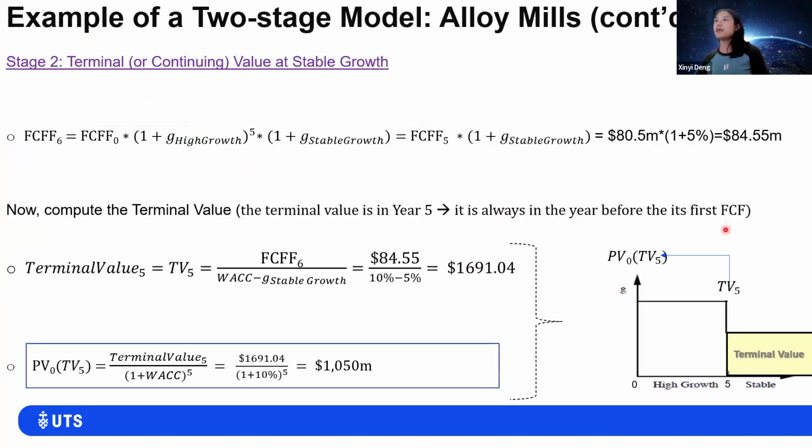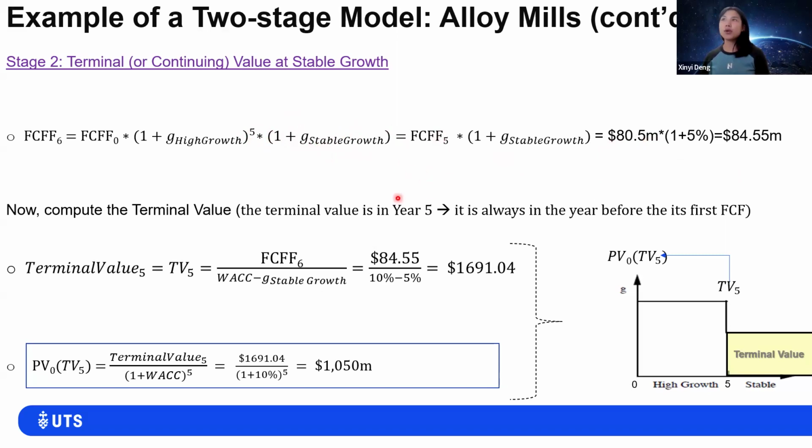Now stage 2. So for stage 2, we need to forecast first the free cash flow to firm in year 6. So this is just calculated as FCFF0 times 1 plus high growth rate raised to the power of 5, and then times 1 plus this lower growth rate, which is denoted as G stable growth.